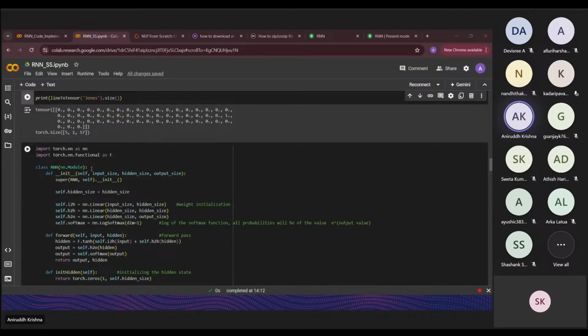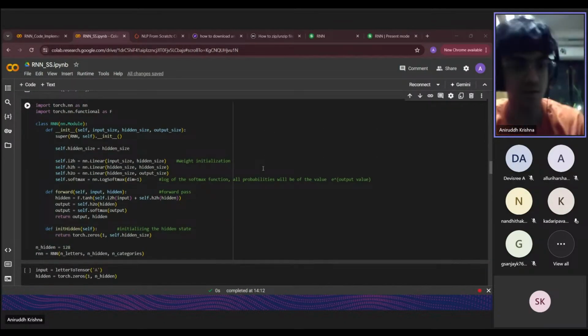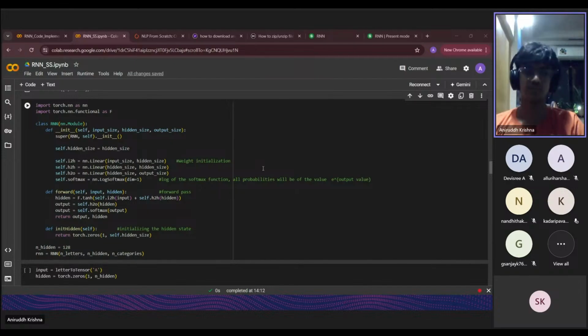Now after we have done all this on the data, we go to our actual RNN model, as we already discussed. First, we initialize the constructor. We create the weights: the input weight, the hidden weight, and the output weight.